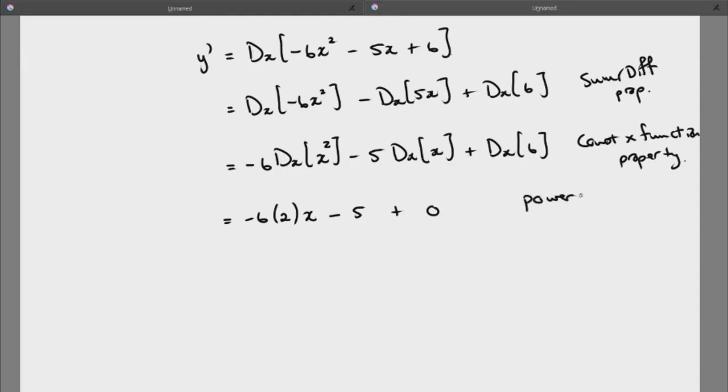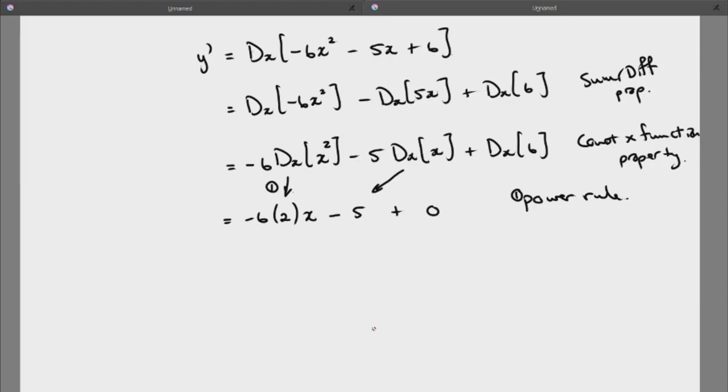Which term did I use the power rule on? This first one. Yeah. This one. Let's number it like this. 1, power rule there. What did I do to go from the middle term to just minus 5? Which property did I use?